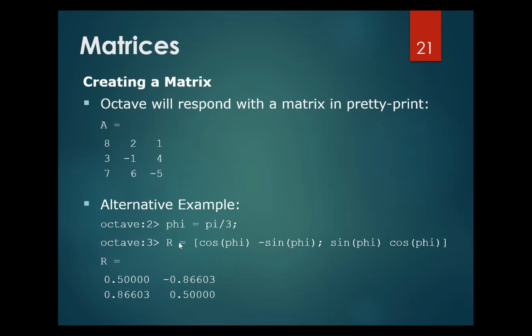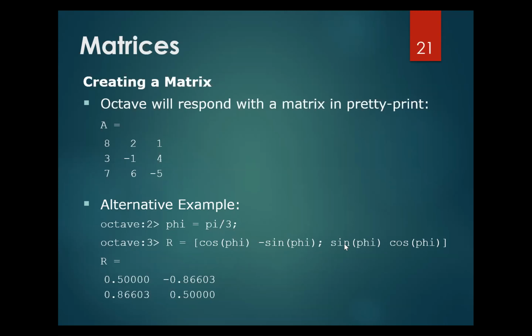Then if you have a matrix, and this one is a rotation matrix, a 2 by 2 rotation matrix for transformation. We have cos theta minus sin theta, sin theta cos theta in a matrix form.